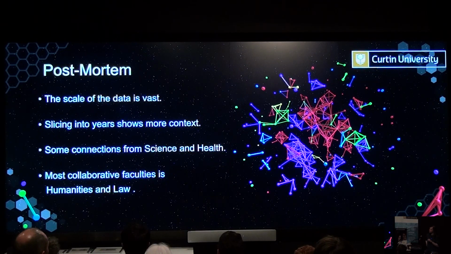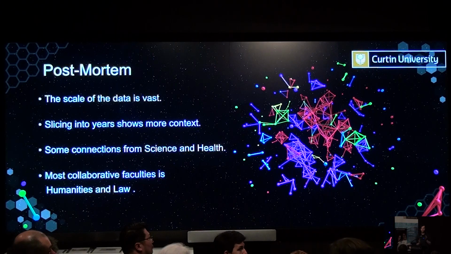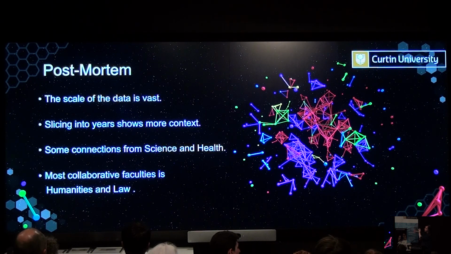Now, that isn't the standard view of it, because the data scale is still vast. It's been cut down to 35,000 and then confidential items removed, but it's still a vast data set. So for the usual view, as you can see over here, it is sliced into years, because it provides the context of when it was made and helps clear out any sort of the details.